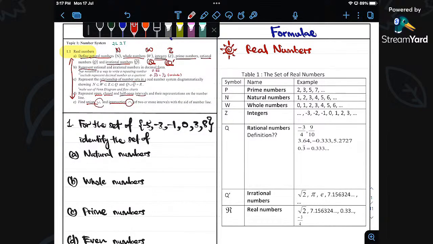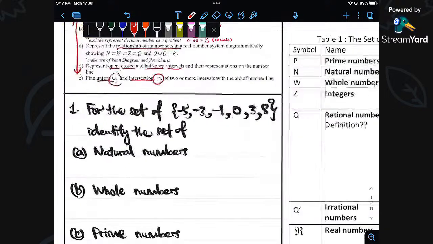For the set of -5, -3, -1, 0, 3, and 8, identify the set of natural numbers. So I will begin first. The natural numbers, we label it as N. The curly bracket is important to write that.